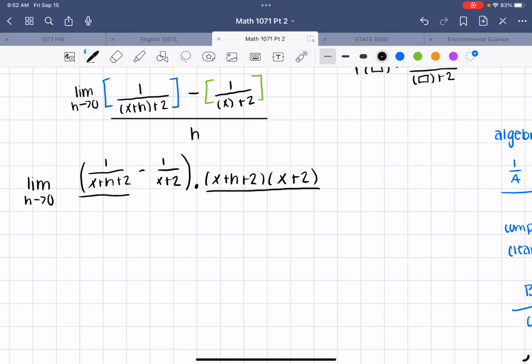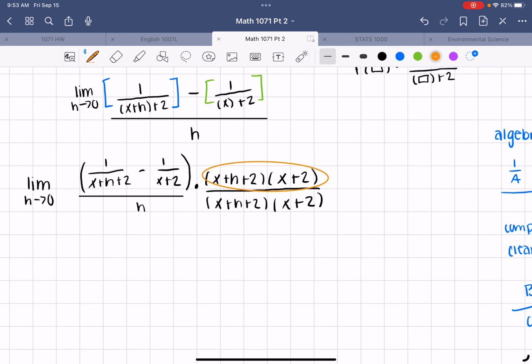When you distribute here, you only have the x plus h plus 2 left. And the denominator is the product of all three of them. Are we okay? That's the step I did.